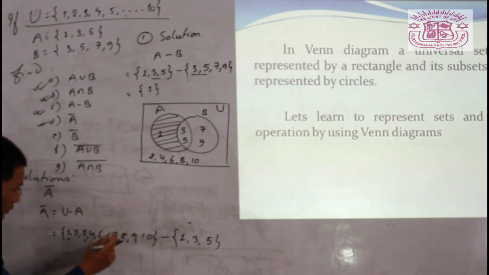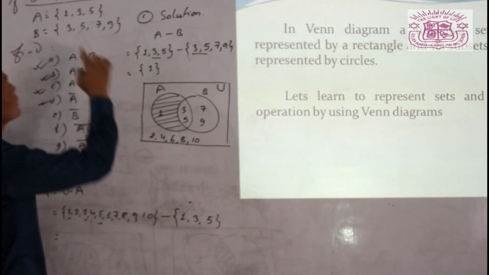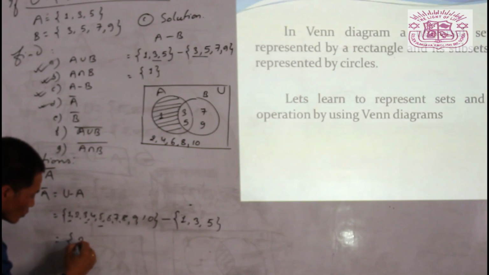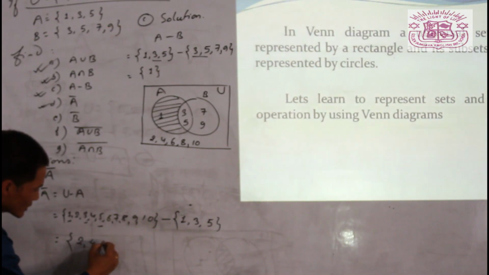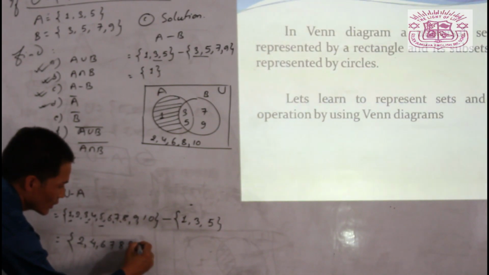Now we don't write 1, 3, 5, since these elements are contained in set A. So what are the remaining elements? 2, 4, 6, 7, 8, 9, 10.